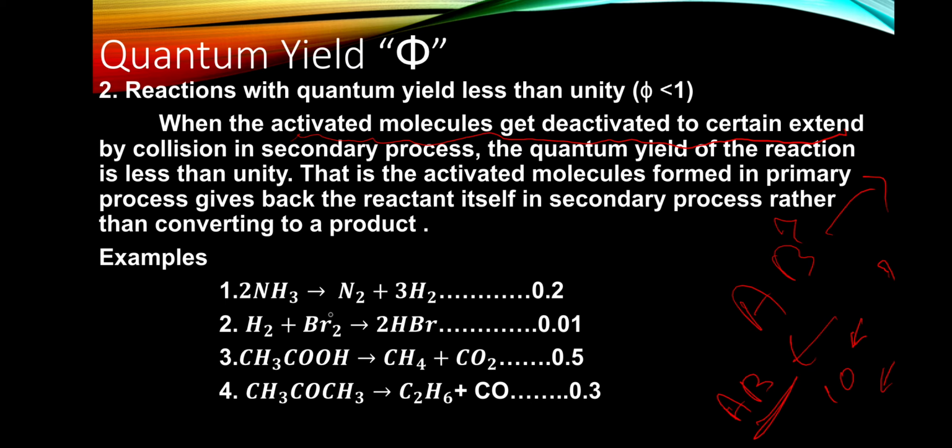Examples: NH3 converting to N2H2, H2 and Br2 converting to 2HBr, acetic acid converting to methane and carbon dioxide, acetone converting to ethane and carbon monoxide. For these, 0.2, 0.01, 0.5 and 0.3 are the quantum yields.